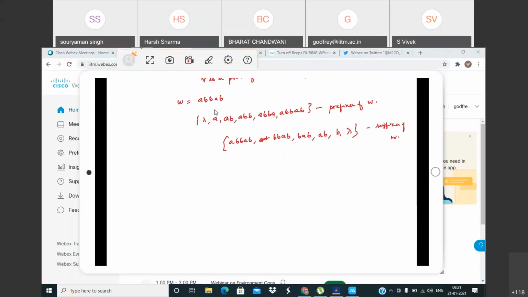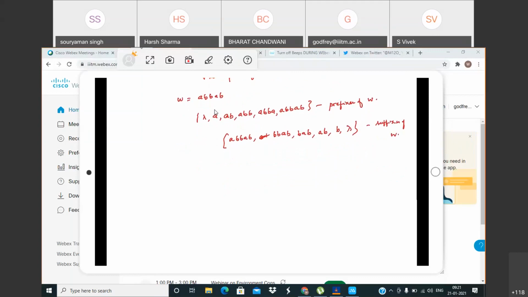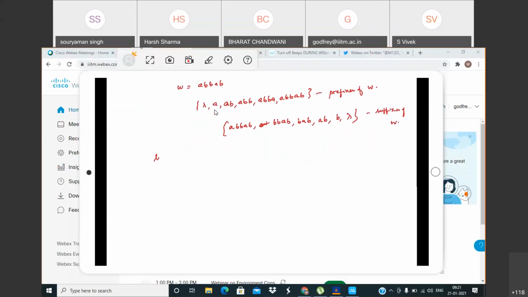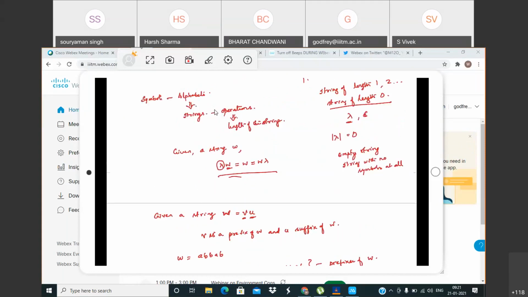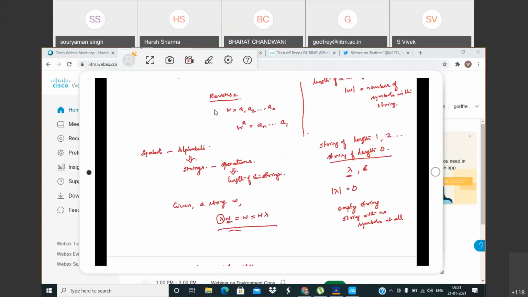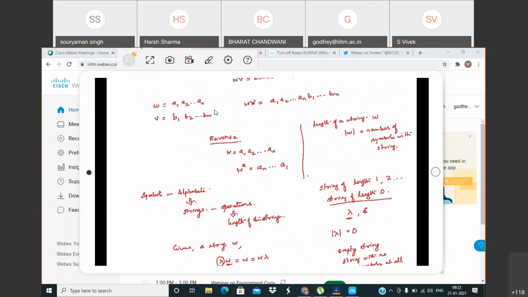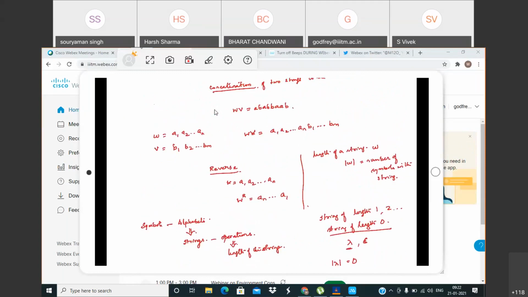Now, if you look at the length of concatenations, we saw that given two strings, we will be able to concatenate them.